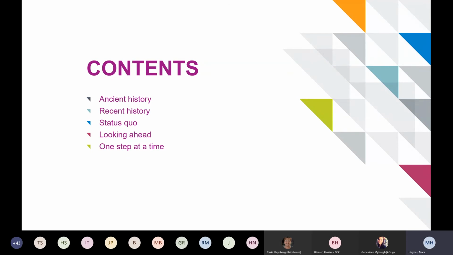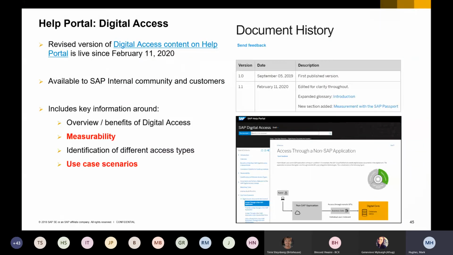Looking ahead, I can invite you to take a look at our help.sap.com portal. We've recently revised the content that was initially put there, so it's getting richer and more extensive and clarifying things in more and more detail.